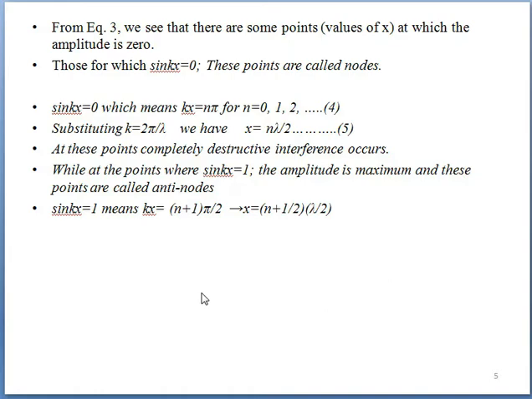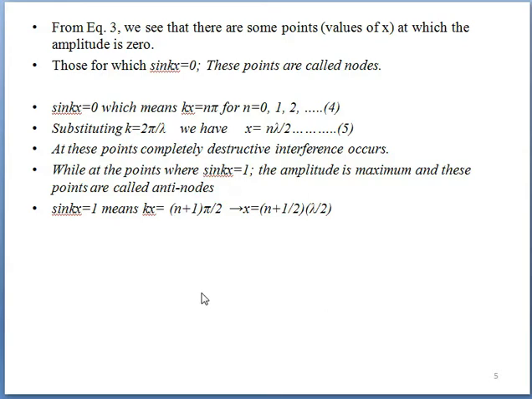So the points, that is the values of x, which are equal to n lambda by 2, will always represent nodes, meaning their displacement for the resultant standing wave will always be 0.